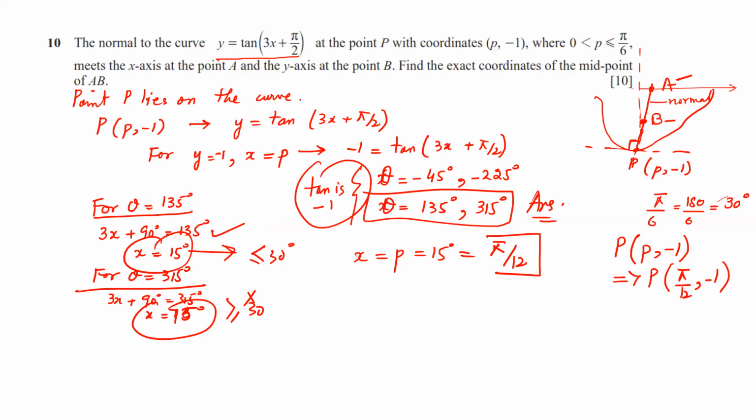What it says is that the x-axis at point A, and this point is the normal to the curve. So normal to the curve, okay.